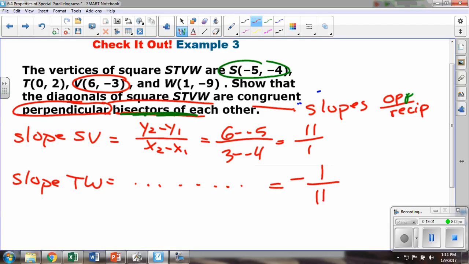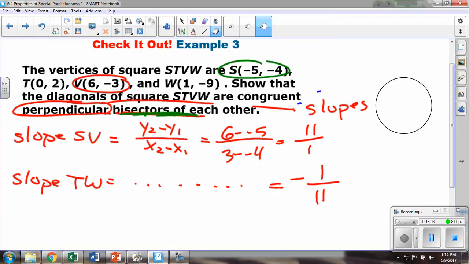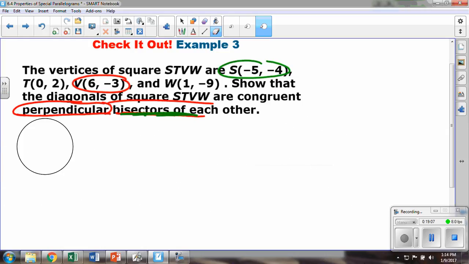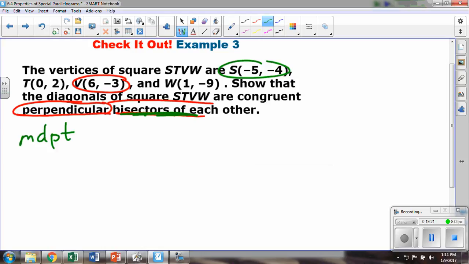Which then brings us to our third piece, that they are bisectors. In order to get that they are bisectors, we have to know that they cut each other in half. They cut each other in half when they are connected to the midpoints. And so what you would need to do here is get the midpoint of SV.